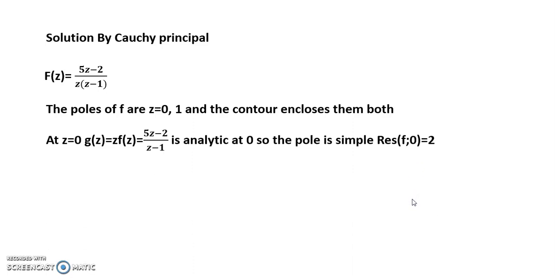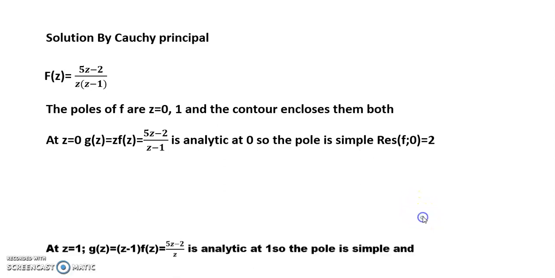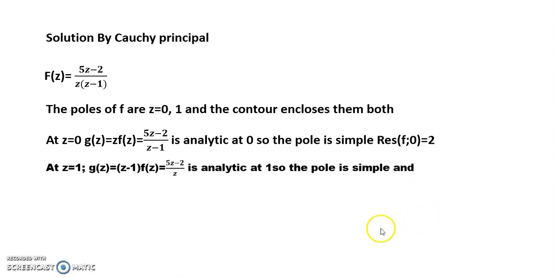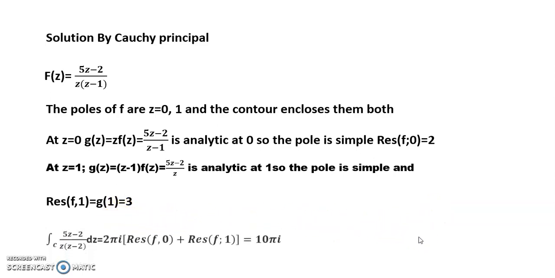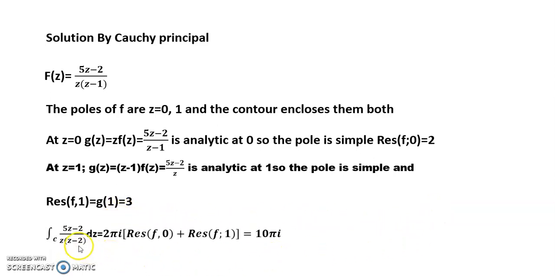At z equals 0, g(z) equals z f(z), which is (5z minus 2) divided by (z minus 1), is analytic at 0, so the pole is simple and the residue of f at 0 equals 2. At z equals 1, we see the pole is simple and the residue is equal to 3. So I get the integral of f(z) dz equals 10 pi i. So friends, you see both are equal.